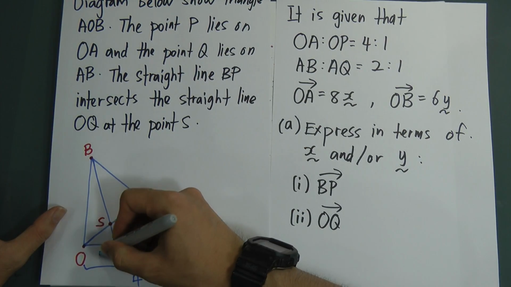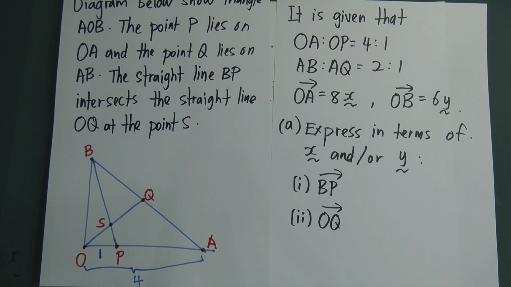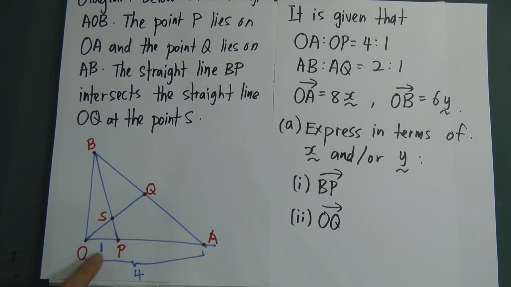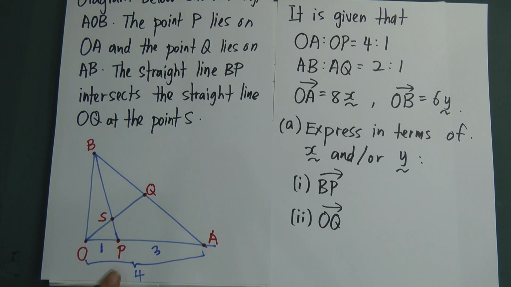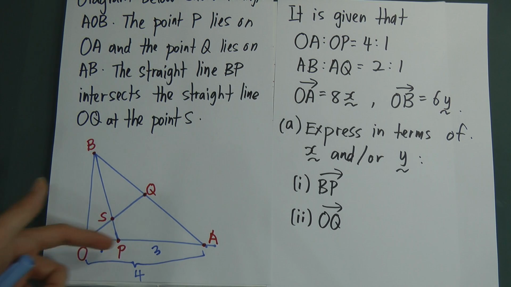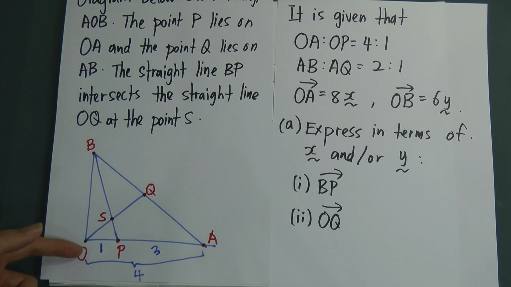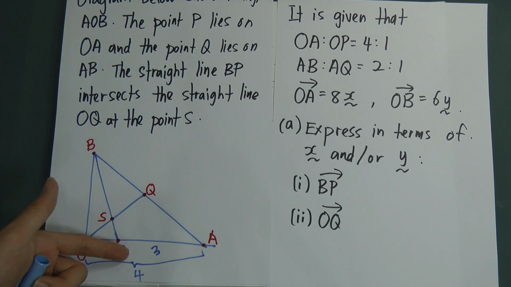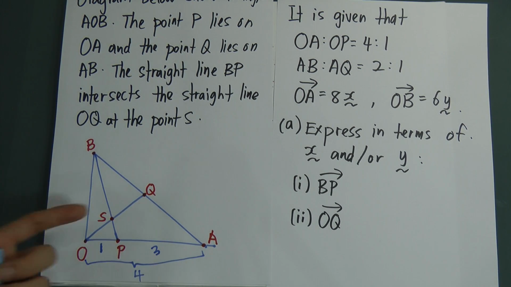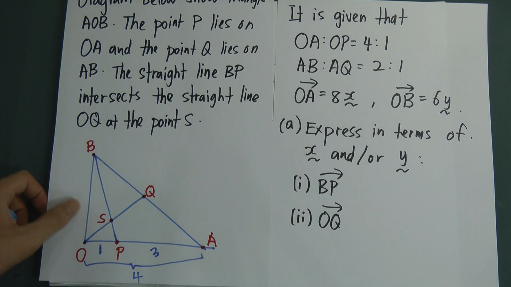OP equals 1, ratio 1. So the total here is 4, here is 1, so I know here the ratio is 3. So you must know the ratio thing very well. It means OA is the whole straight line. You divide it into 4 parts. OP takes 1 part, so PA will take the other 3 parts. Okay, this one is very simple.